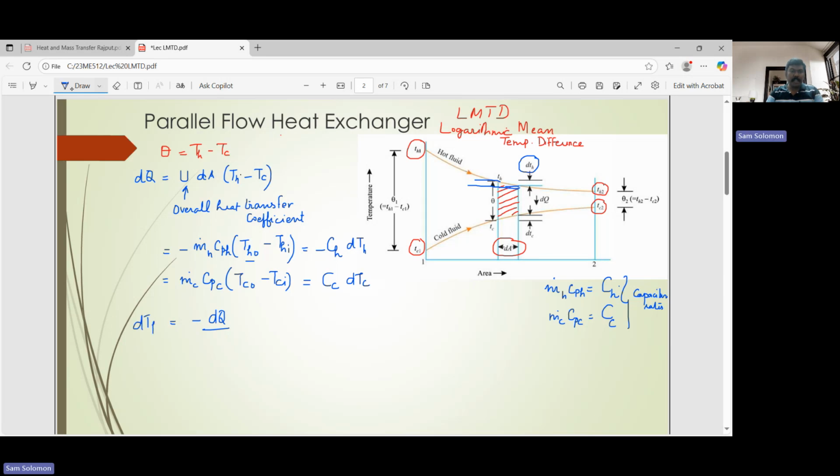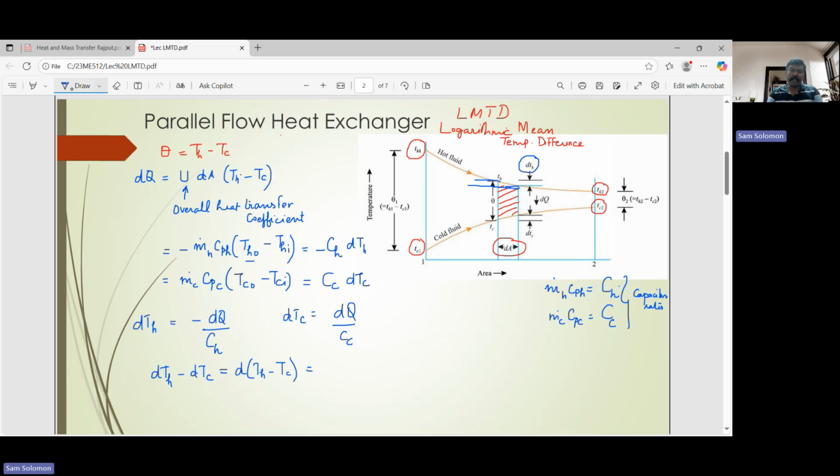So your dTh is minus dq divided by CH, and dTc is going to be dq divided by Cc. Okay. And so now the temperature difference, dTh minus dTc, can be written as d of Th minus Tc.